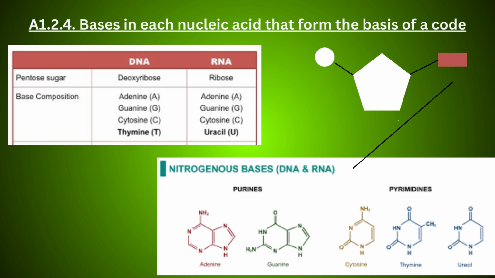Each nucleotide's nitrogenous base can vary. In DNA, there are 4 nitrogenous bases: adenine (A), thymine (T), cytosine (C), and guanine (G). In RNA, you will find adenine, cytosine, and guanine too, but instead of thymine, RNA uses uracil (U).